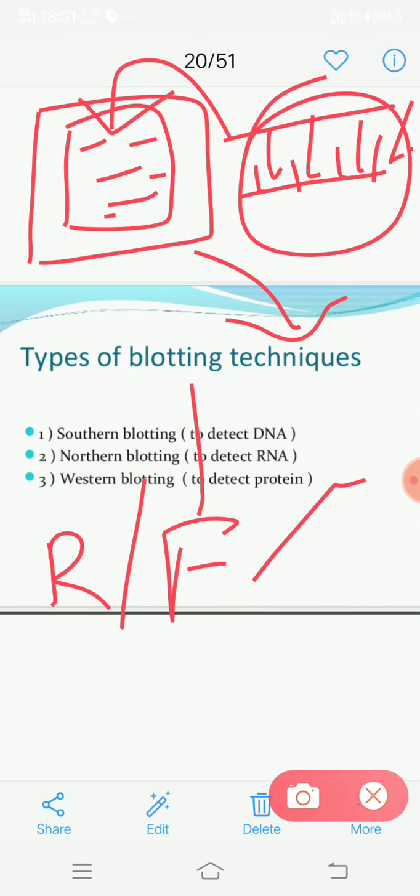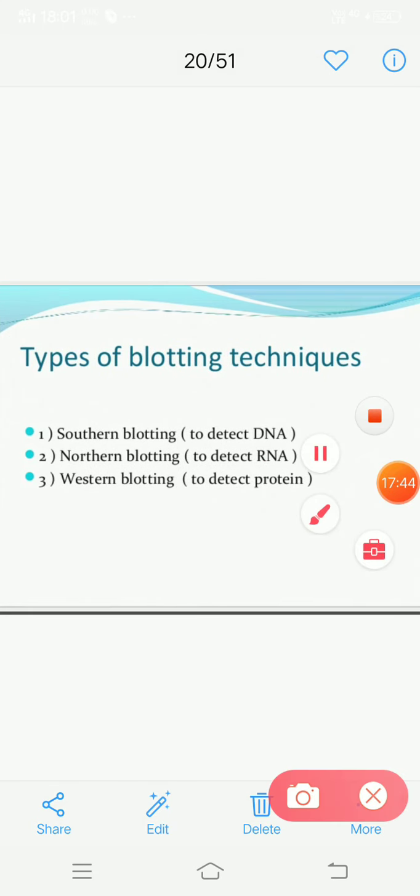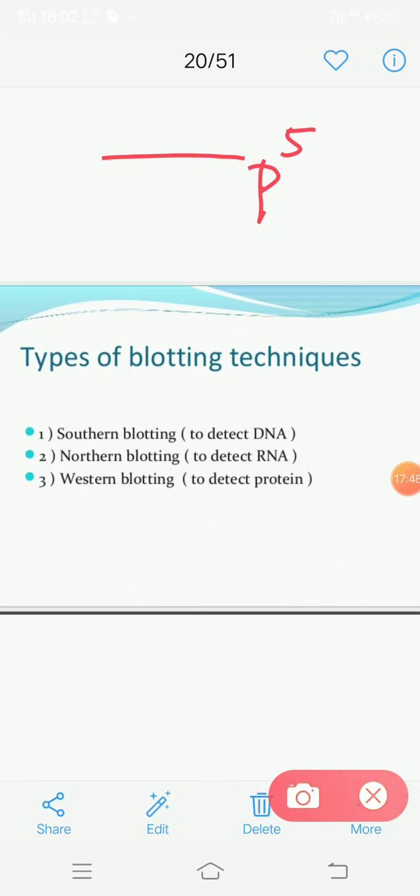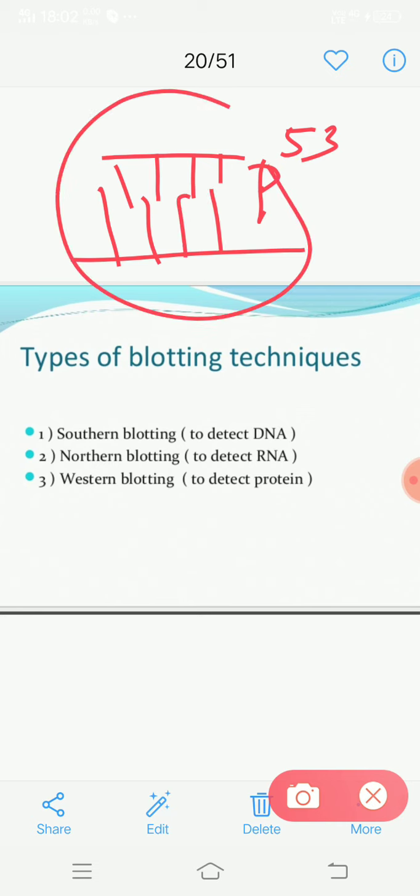So this is your probe. It is either labeled with the radioactive or the fluorescent label. This is your probe, this is your insulin molecule, so it is complementary and it will get hybridized.